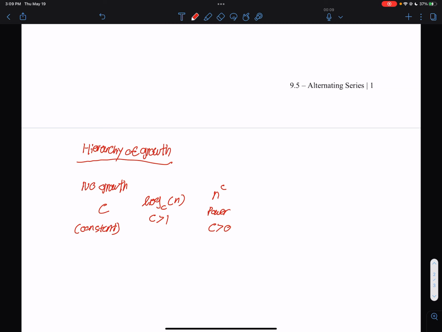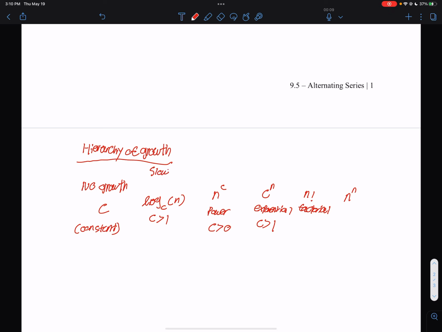Then there's the exponential, c to the n, and the constant has to be greater than 1. Then there's the factorial, and then n to the n.